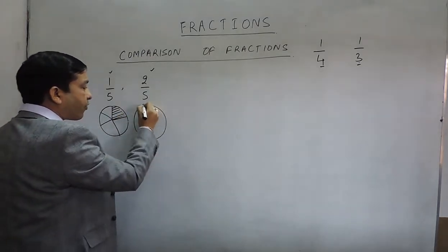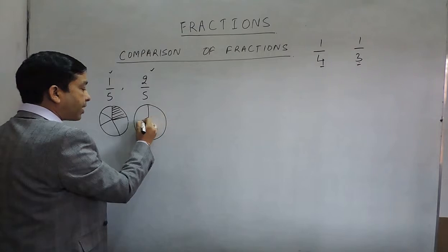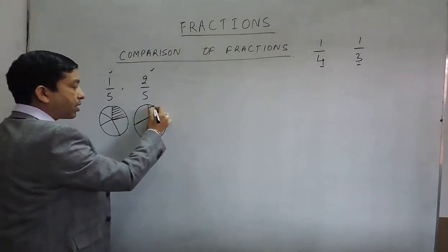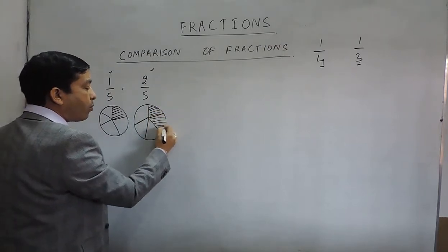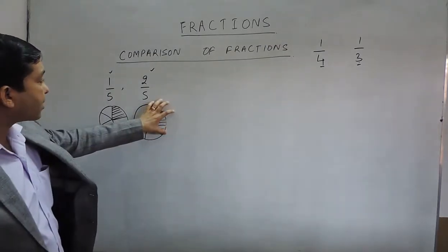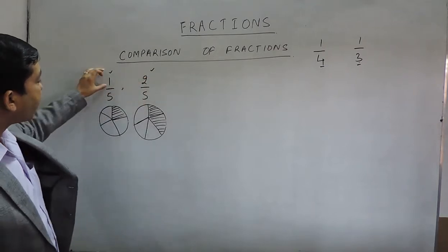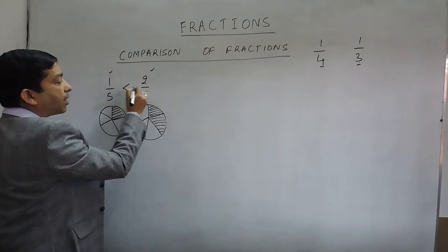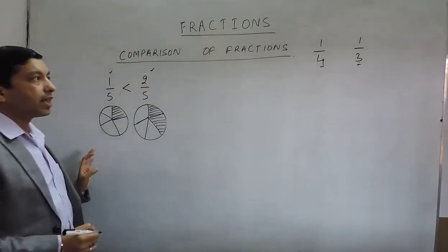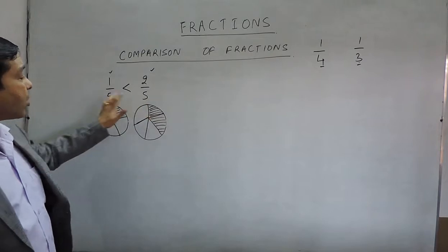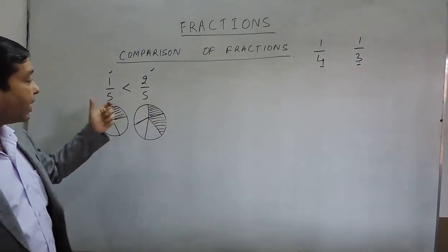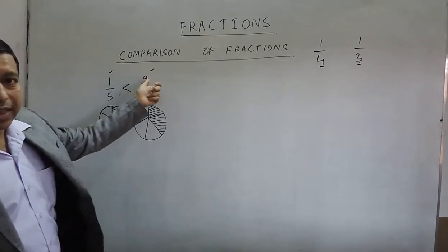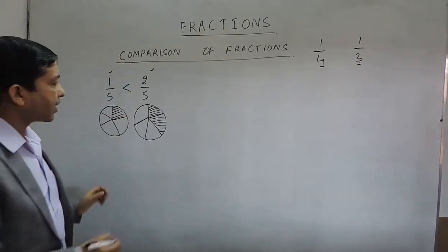When I talk about 2 upon 5, again I have converted the pizza into 5 portions and I have taken 2 parts. So definitely 2 parts out of 5 is more than 1 part out of 5. So 2 upon 5 is a greater number than 1 upon 5. This is the sign for the greater number. Here we are talking about like fractions. If the denominator is the same, then whichever numerator is greater gives the greater fraction.